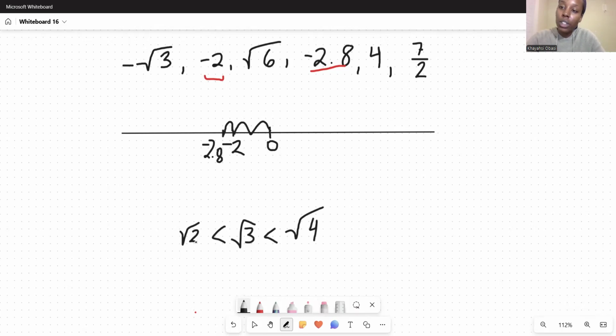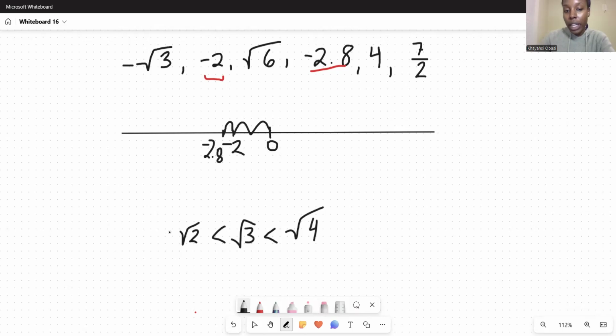But then we ask the question, what times itself gives us 2? We know 1 times 2 gives us 2, but I'm having a hard time thinking of a natural number, your counting numbers 1, 2, 3, 4, 5, that when multiplied by itself gives you 2.